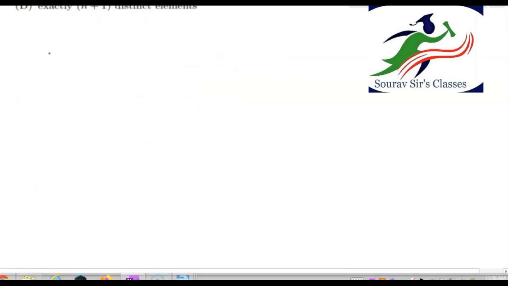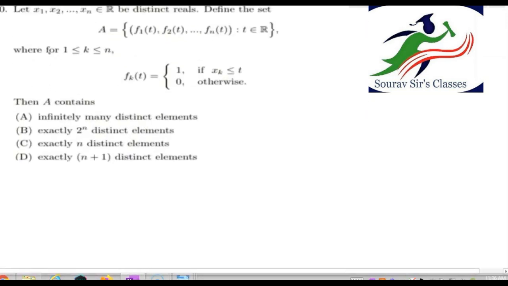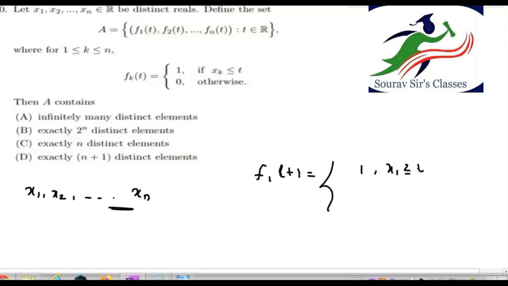There are n real numbers x1, x2 up to xn, right? So you can see that if there is k, I can say that f1(t) is 1 if x1 is less or equal to t, and 0 otherwise, which means x1 greater than t.